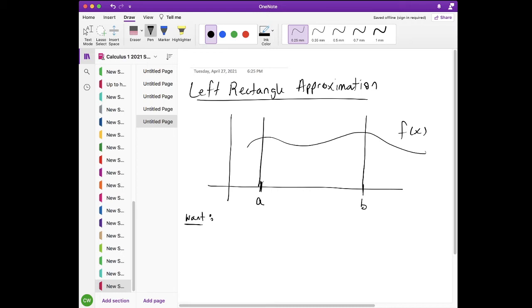What I want to regulate when I look at all possible rectangles is, wouldn't it be easy if all the rectangles had the same width? Would you agree that calculation would be a lot easier?